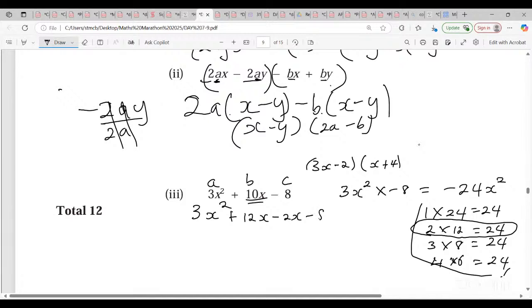All right. So guys, we bracket them off. And then we do the same thing, just like what we did up there, take out the highest common factor. So what's the highest number that can go into 3 and 12 without leaving a remainder? That would be 3, right? And of course, x is common. And from there, we just divide again. 3x squared divided by 3x would be x. And of course, 12x divided by 3x, that would be 4. Stick out the minus, and then we do the same thing.